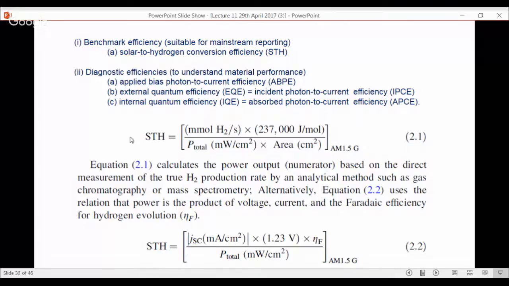So solar to hydrogen efficiency is the millimoles of hydrogen evolved per second times the heat evolved, divided by the total photon power per square centimeter times the area of the electrode.